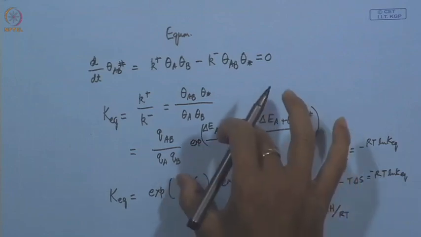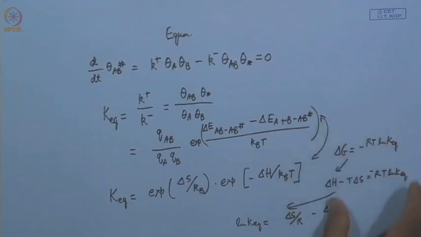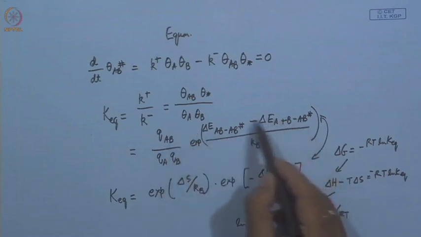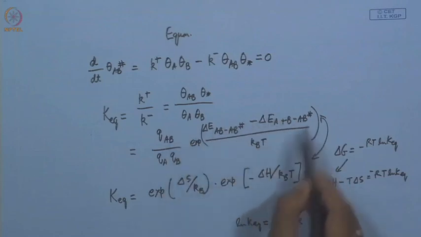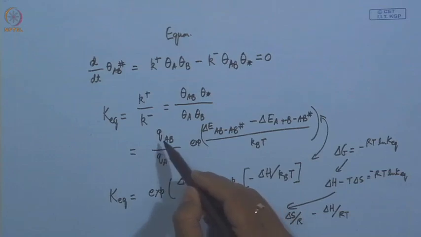So now you compare these two. What do we get? This is an energy term, and this is something different, it is not exactly an energy term, it is a ratio of partition functions.